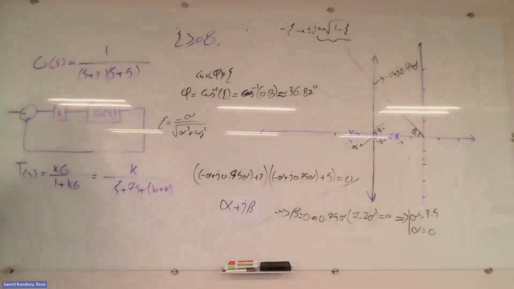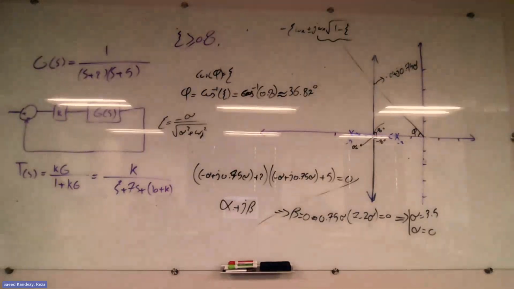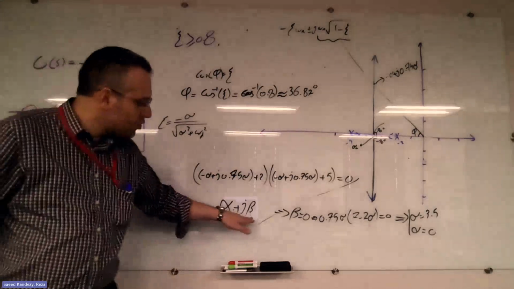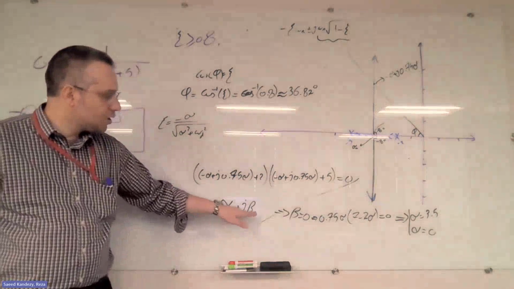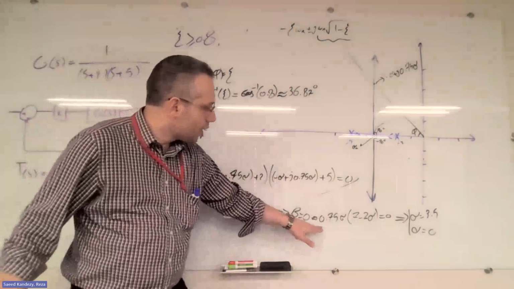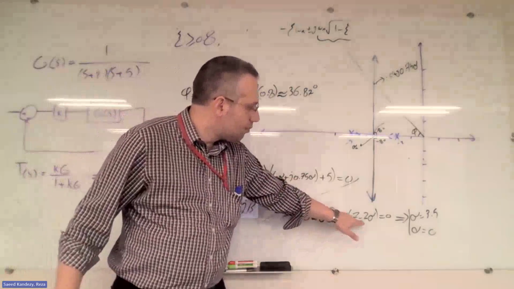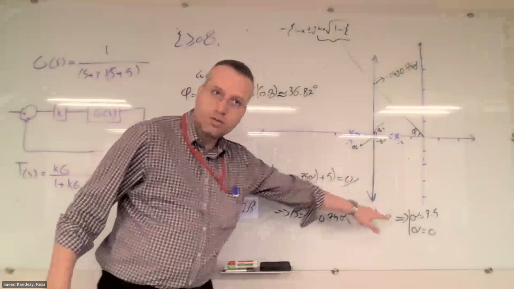Okay, so I just focus on the imaginary part here. You can do that for the real part. It still works the same. If both of them are 0, beta should be 0. If I do the derivation, my beta would be 0.75 delta times 7 minus 2 delta is equal to 0.